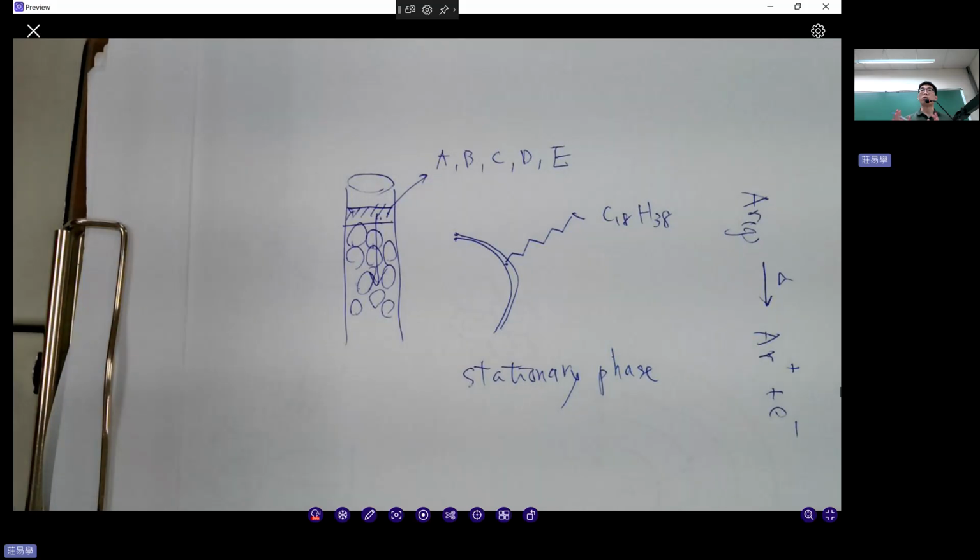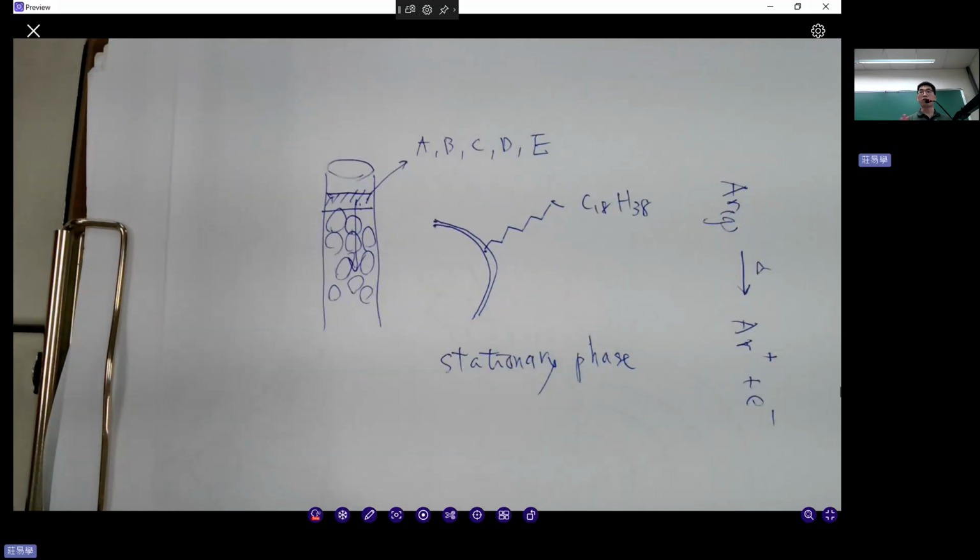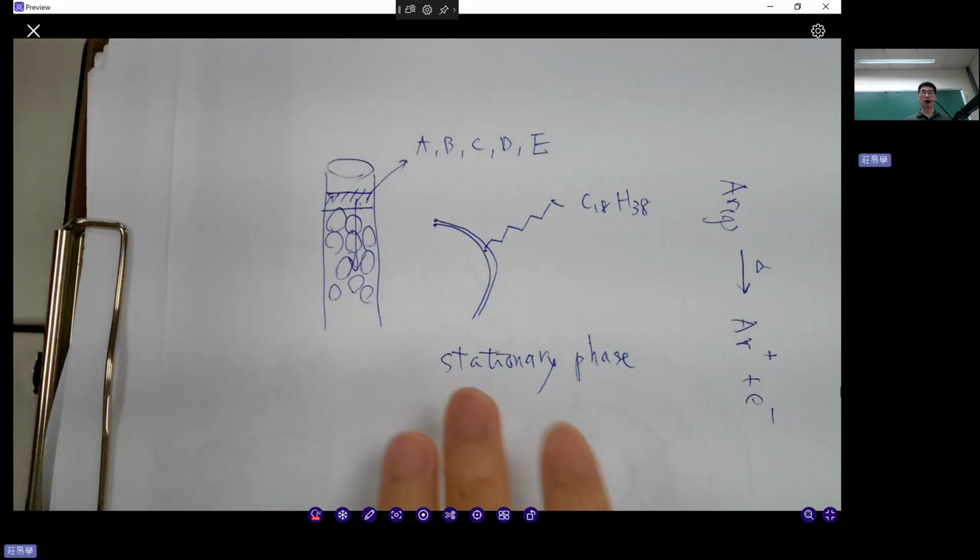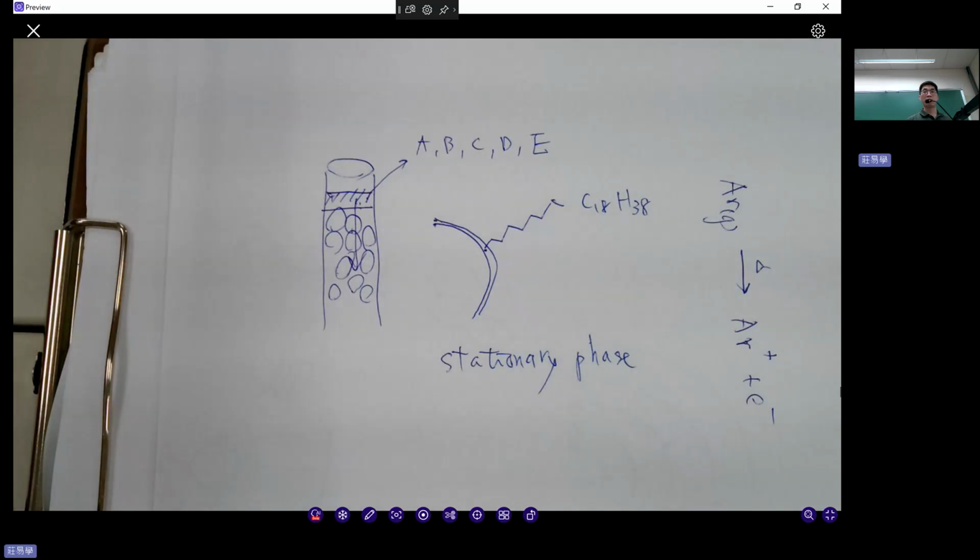Stationary phase 就是固定相的意思哦，它就是待在这个管柱里面不会动的。So on the contrary, we have a stationary phase, and we also have a mobile phase. Mobile phase is the phase that's moving in a system. But we'll come back to talk about mobile phase later.